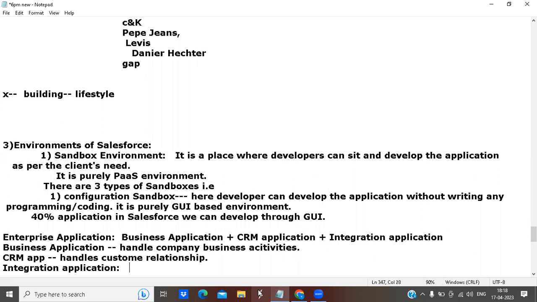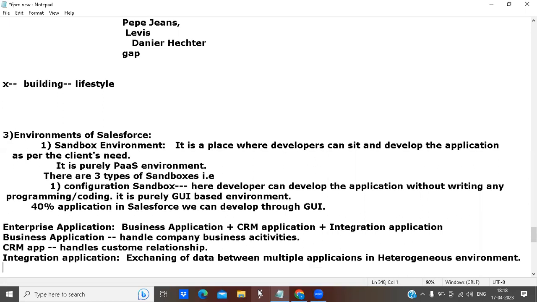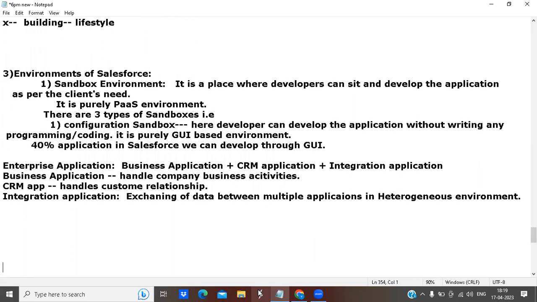So integration application means exchanging of data between multiple applications in a heterogeneous environment.